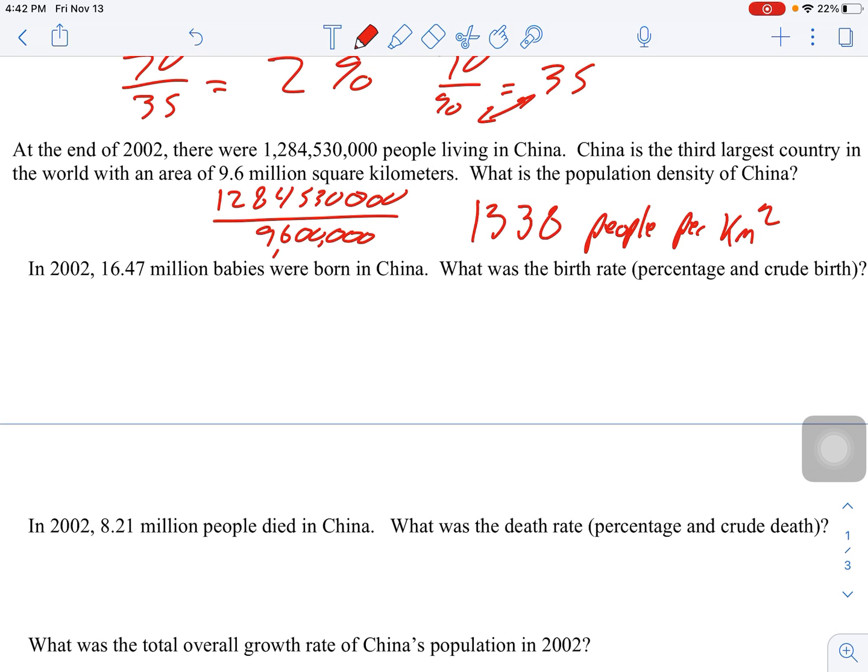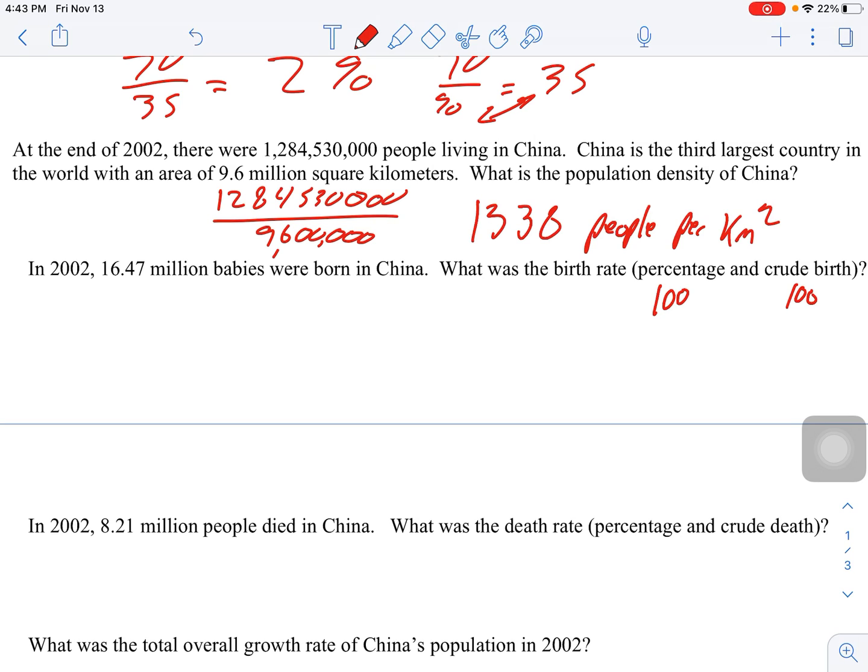Okay. In 2002, 16.47 million babies were born in China. What's the birth rate? So again, per 100 and per 1,000. So we're going to use the same equation as we used for the deer before.